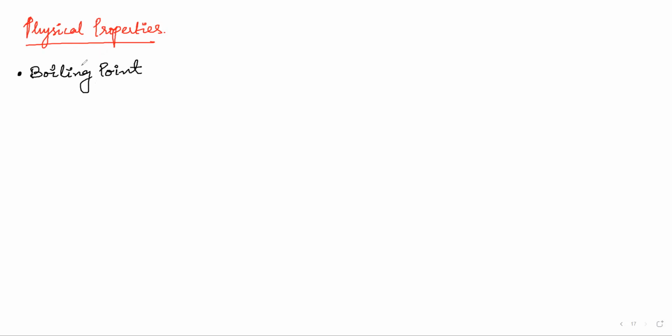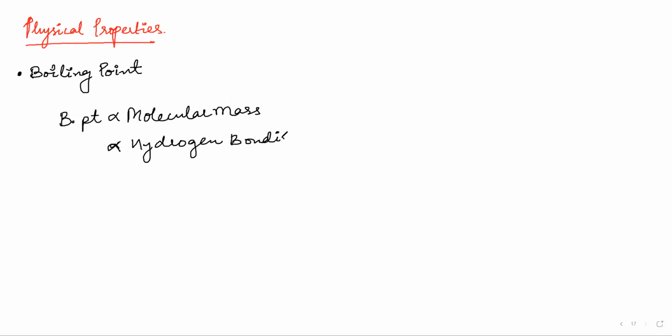We know that boiling point is directly proportional to, first of all, the molecular mass. Then it depends on hydrogen bonding. When I say molecular mass, I mean that it depends on the van der Waals interaction. I hope you remember that.